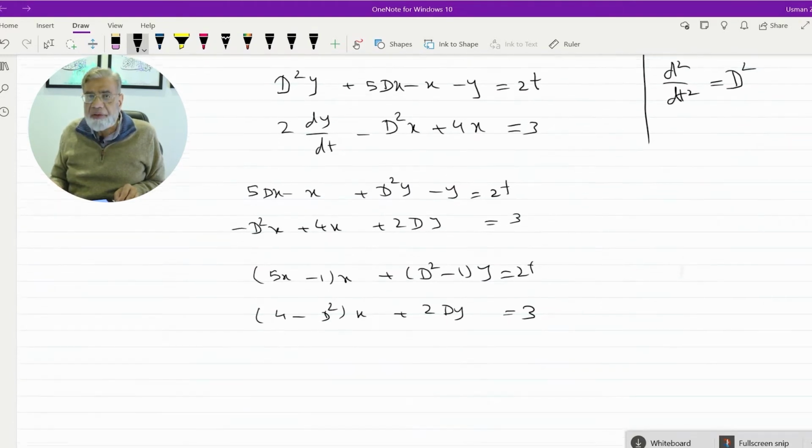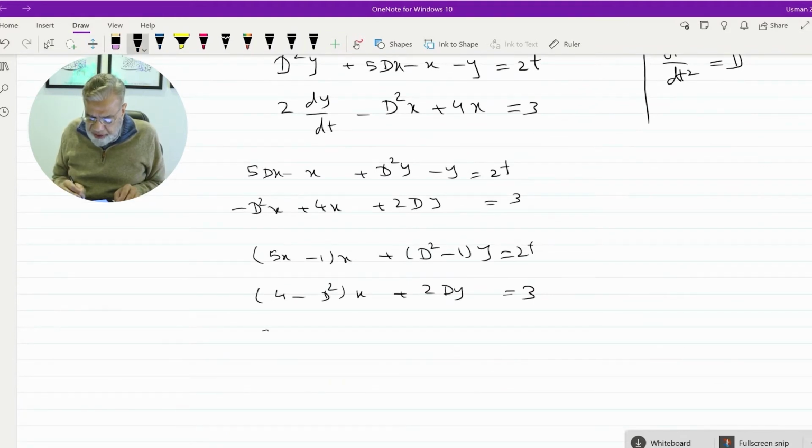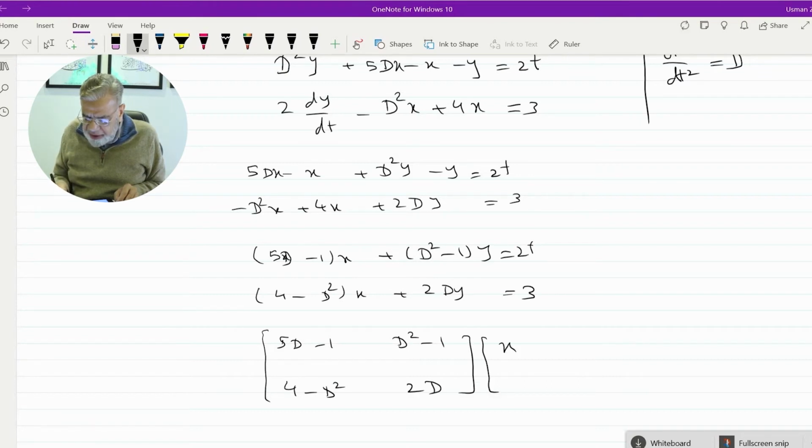Now I write this in matrix form. The coefficient matrix is 5D minus 1, D square minus 1, 4 minus D square and 2D. Then the matrix of unknowns is x, y, and the matrix of the dependent variable and constants we can write like this.